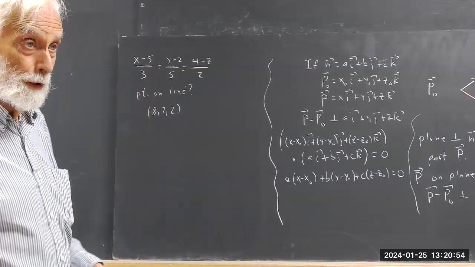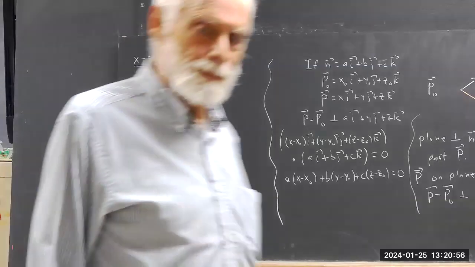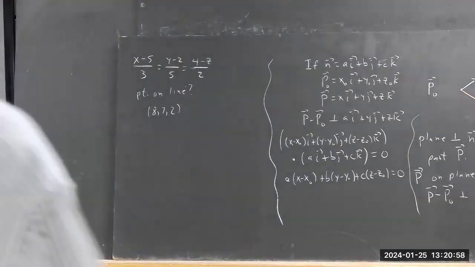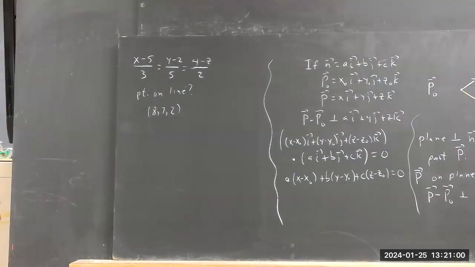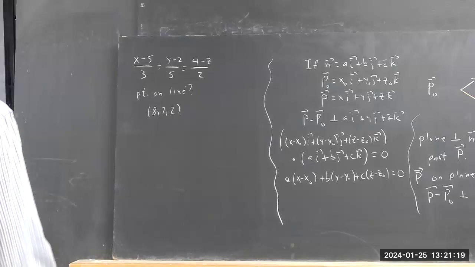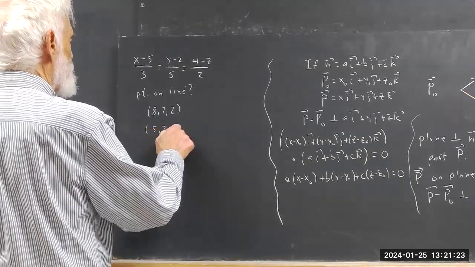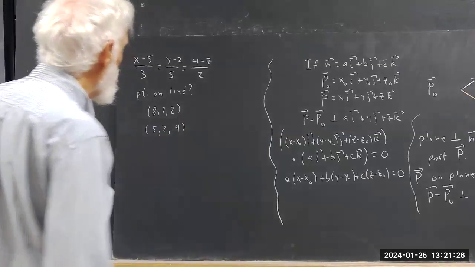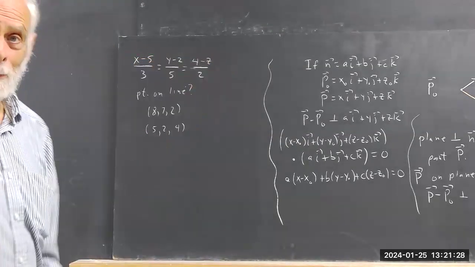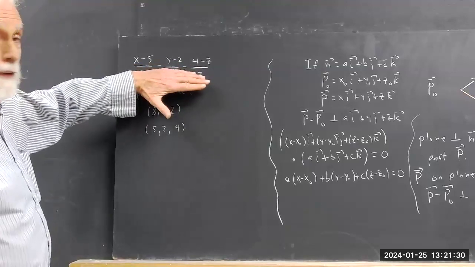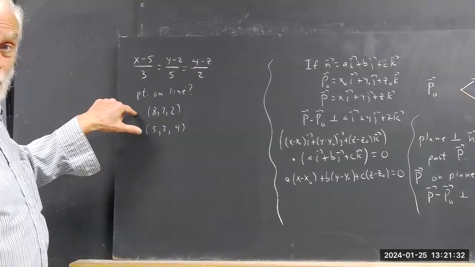It's good thinking. Okay, we got another individual offering an answer. And then the other one, the next one should be pretty obvious: (5, 2, 4), because you make them all 0. So you don't even have to worry about the denominator. You had to worry about the denominator to get the first one.